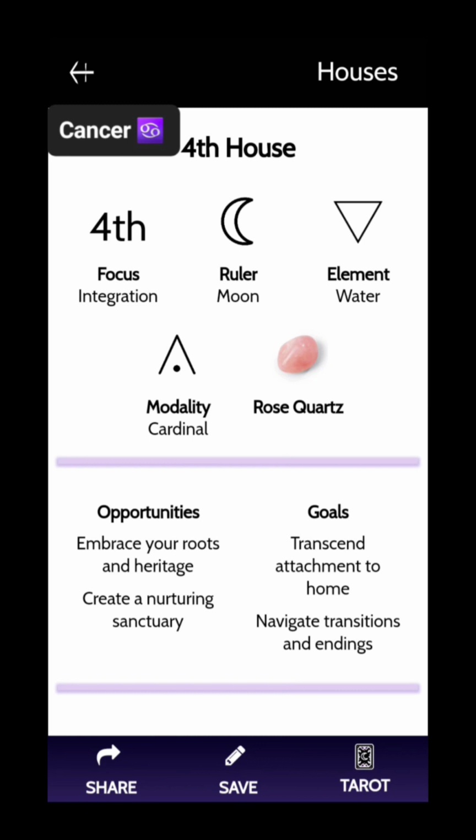Also represents home, your emotional core strength, your family, security, and sense of belonging, your foundation, and the way that you nurture yourself. Okay, so Cancer is the crab, so you have to remember what Cancer stands for, right? All right, so that is the fourth house.